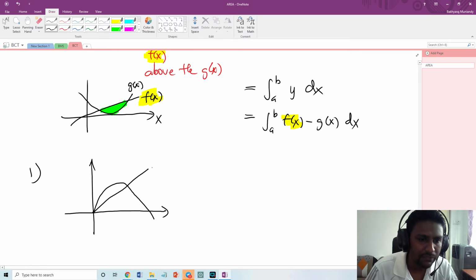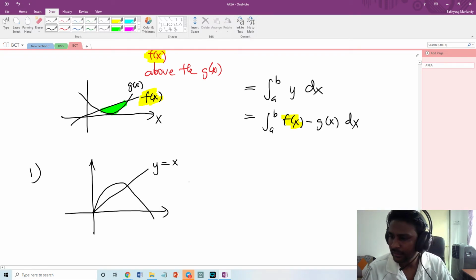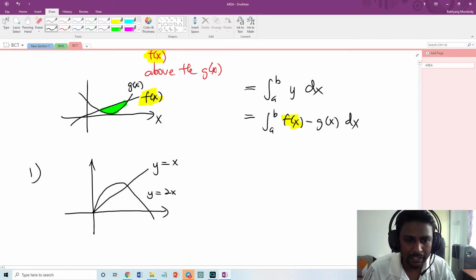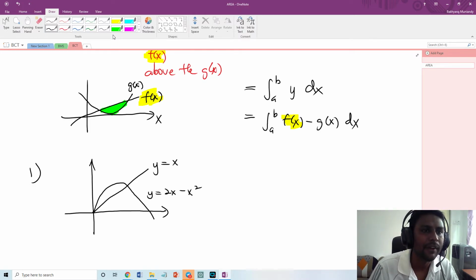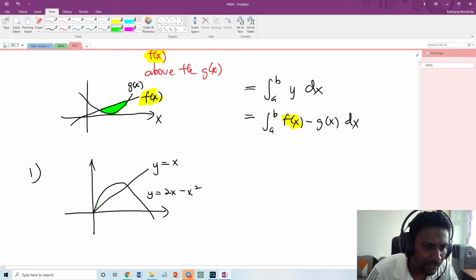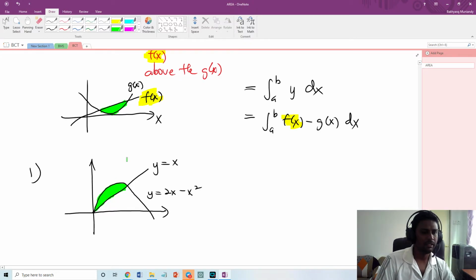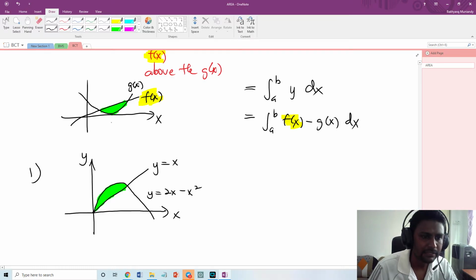The straight line formula is y equals x. Here we have y equals 2x minus x square, and I want to find the area of this shaded region. This is what I want to find.